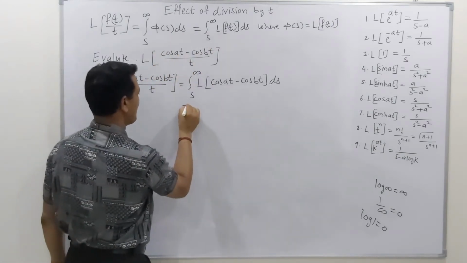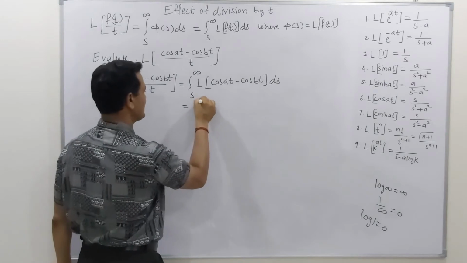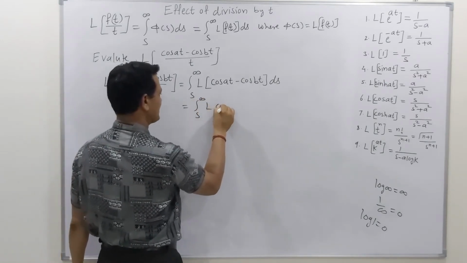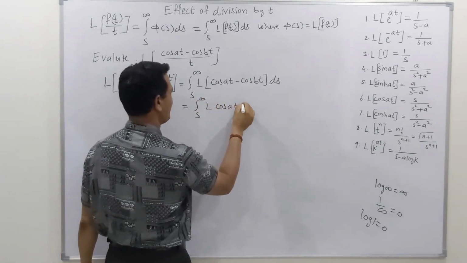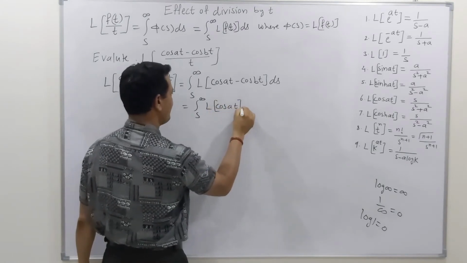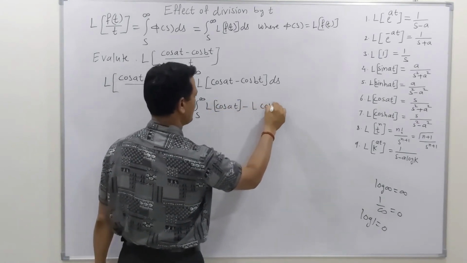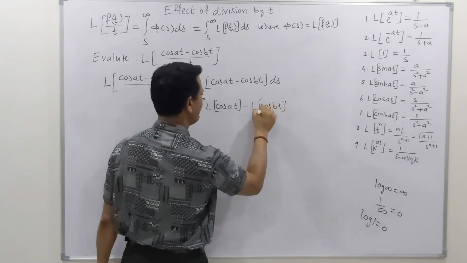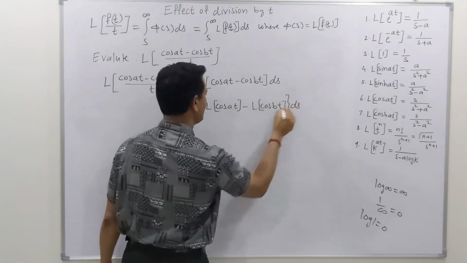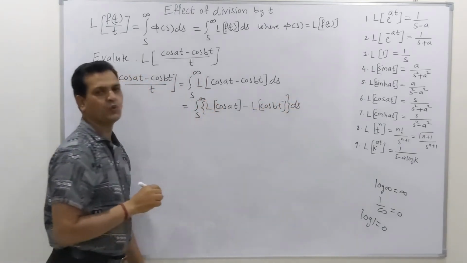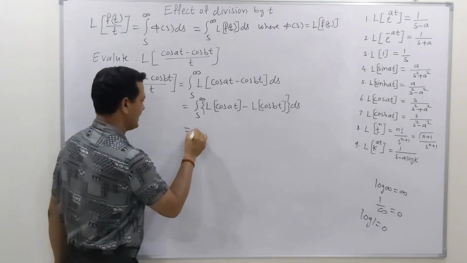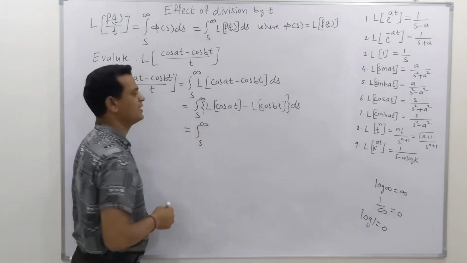Now according to the linear property, we can write this as integration s to infinity of Laplace transformation of cos of at, first term, minus Laplace transformation of cos of bt, second term, with respect to s.